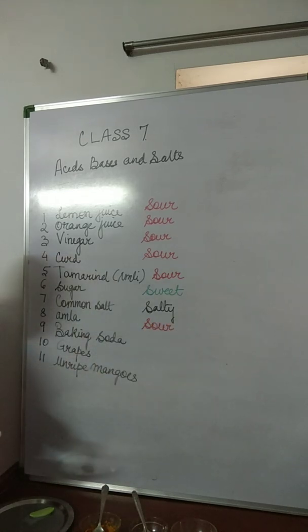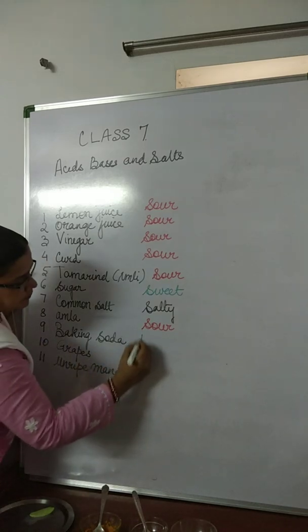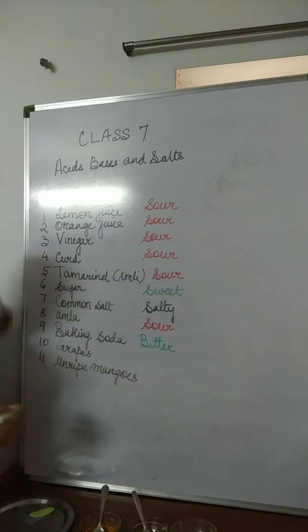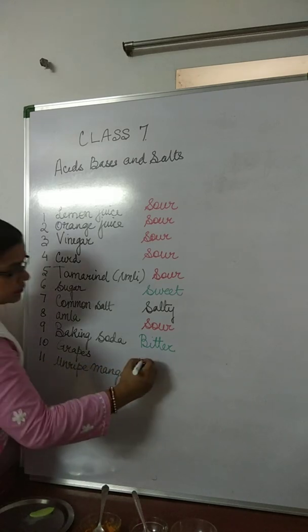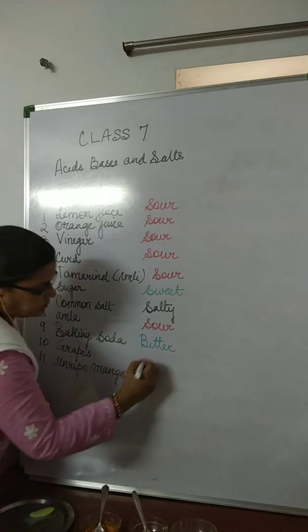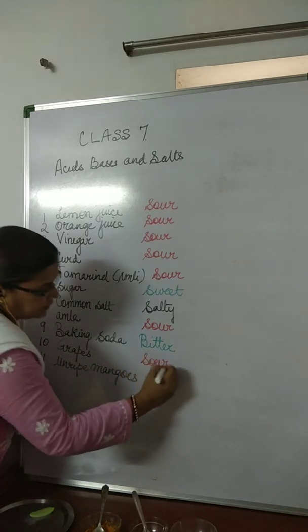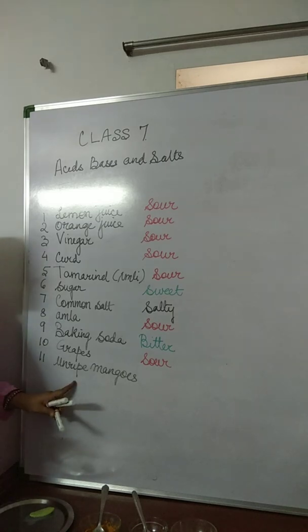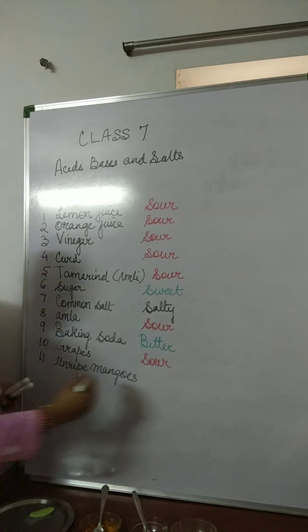Baking soda, this will be bitter. Grapes, angur, these are also sour in taste. Unripe mangoes, or what we call kacha aam, that will also be sour in taste.